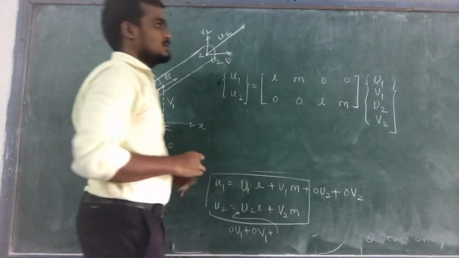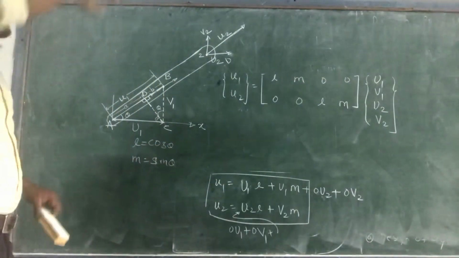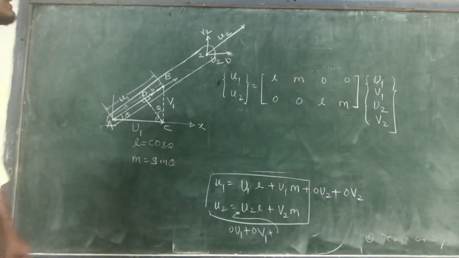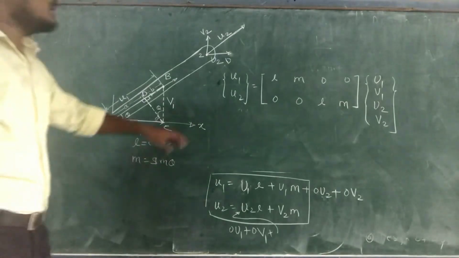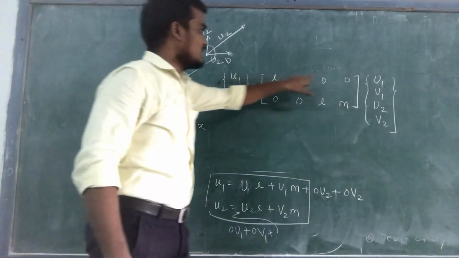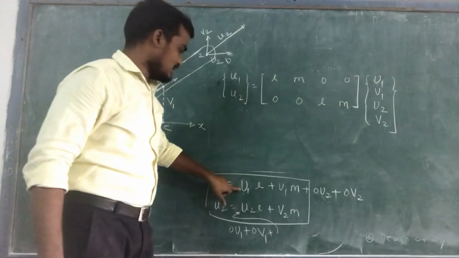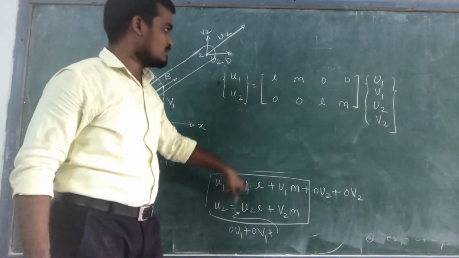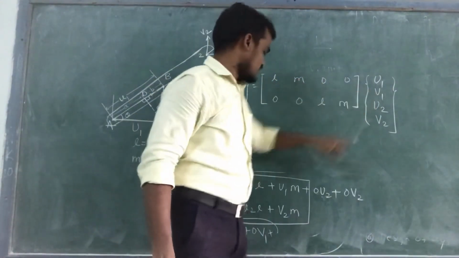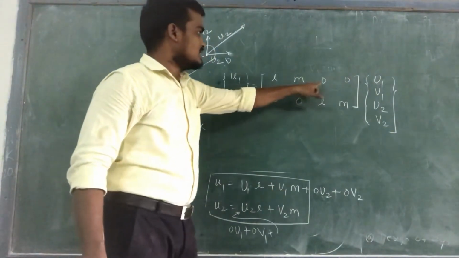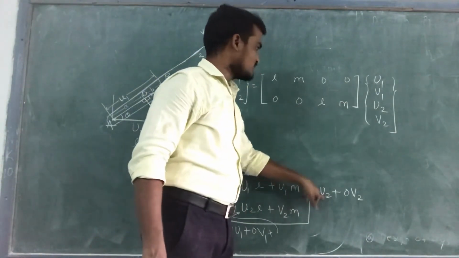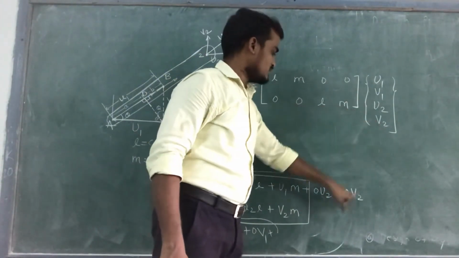So if you read this first u1 equation, you will get u1 is equal to L times u1 plus M times v1 plus 0 times u2 plus 0 times v2.